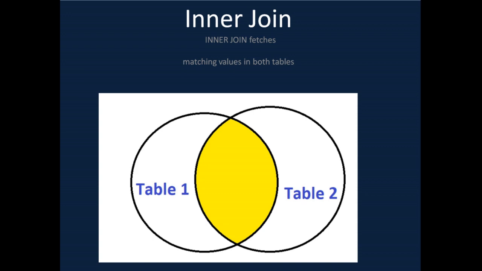As you can see in the diagram, there is a yellow color which is the overlap of two tables. So inner join will give you only the data which is common to both the tables. Let's understand this with an example.